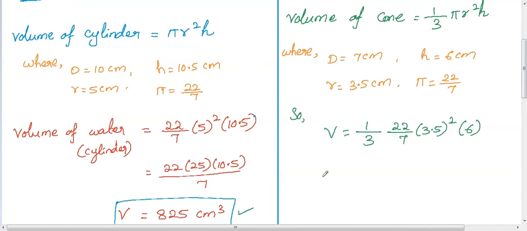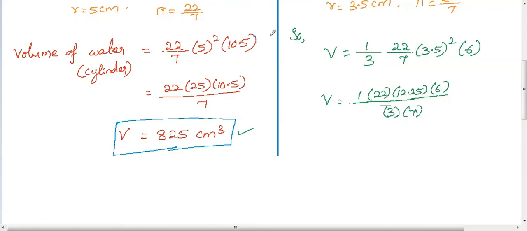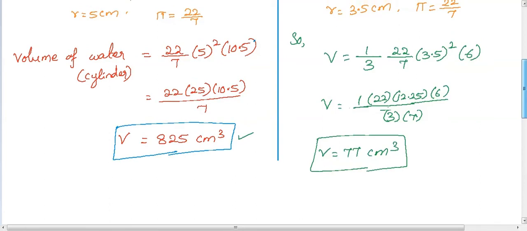So we have v is equals to 22 into 3.5 whole square, which is nothing but 12.25, into 6 divided by 3 into 7. If we simplify this, we will get the volume of cone is 77 centimeter cube.